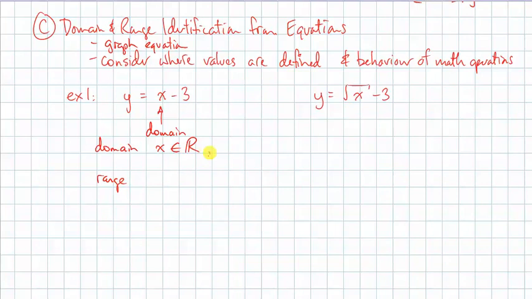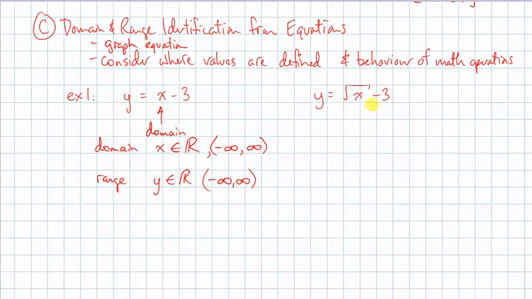The range, if I wanted to do interval notation, by the way, negative infinity to infinity. The range, well, I'm starting from any number with 3 subtracted. Even though I'm subtracting 3, I'm still producing every number, so the range is also real, or it could also be written negative infinity to infinity. This one has no undefined values, no boundaries or anything else.